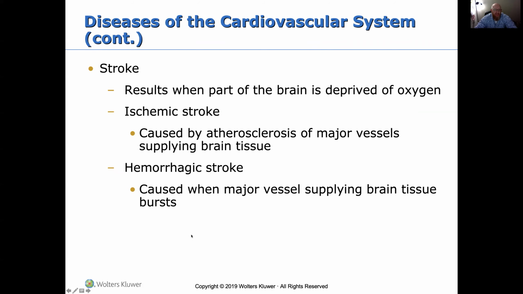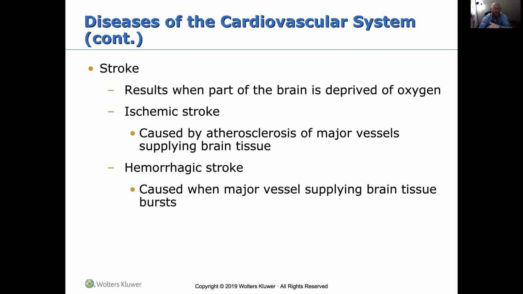Strokes, what's happening there is when part of the brain gets deprived of oxygen. There's two different types. You need to know these and know the differences. You have an ischemic stroke, which is caused by atherosclerosis of major vessels that supply the brain tissue. So they basically are clogged up with fat.